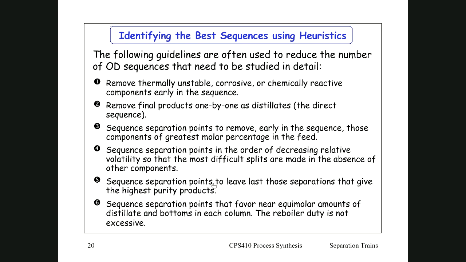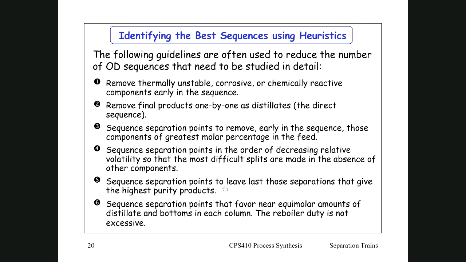Right, finally, or number 5, sequence separation points to leave last those separations that give the highest purity products. Right, so this is a heuristic that's not often used.